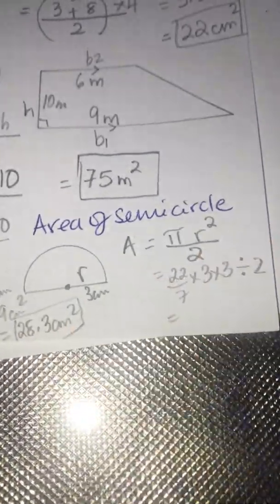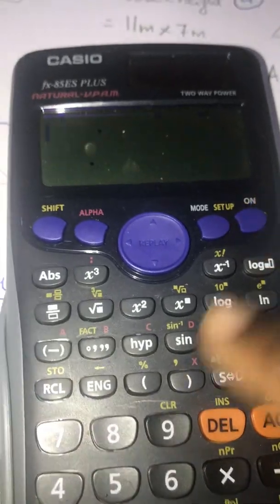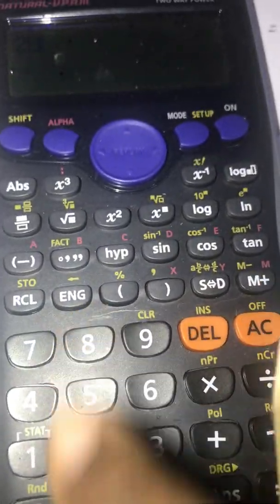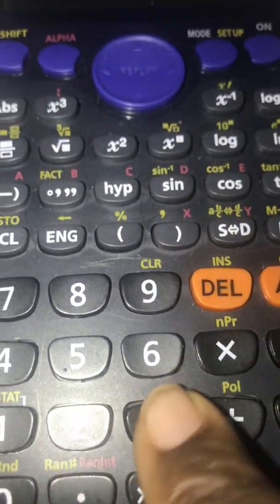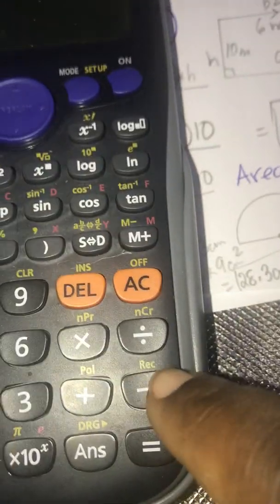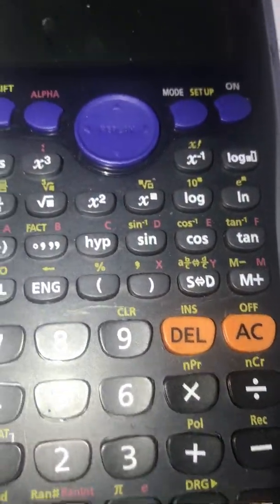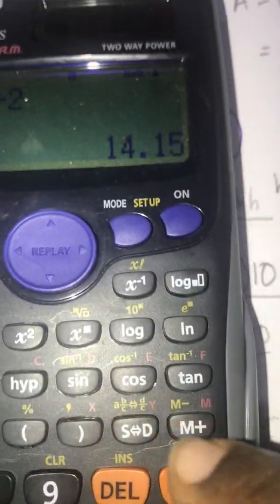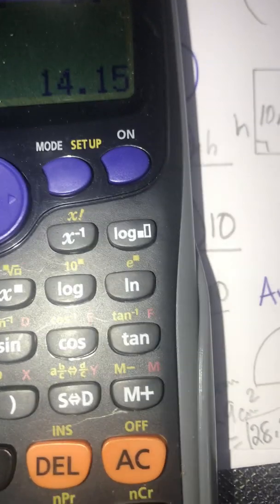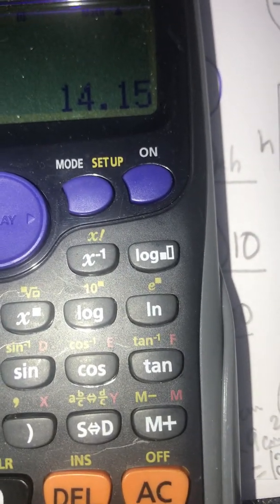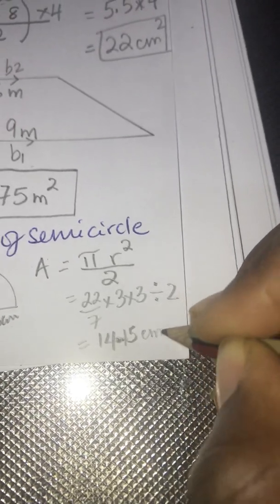So in the calculator, I'll just put 28.3, because we already did. Then I will divide by 2. And I got 14.15, sorry, 14.15 centimeters squared.